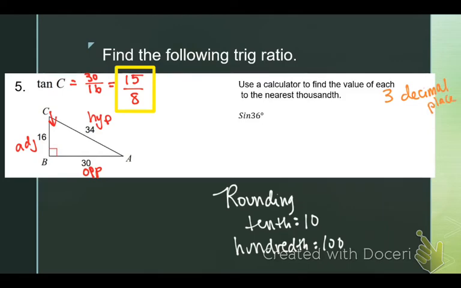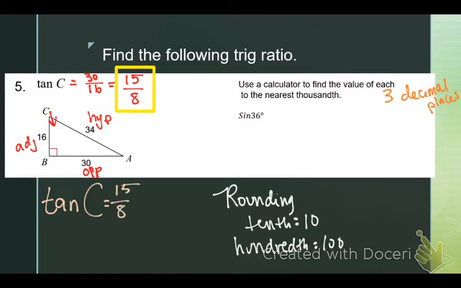So again, if you don't have a Casio, I can look at yours and make sure you're doing it right. Well, before we do, I'm going to explain this. So before, when we say tangent, focus on what we're doing right now. Don't touch your calculator. Tangent from angle C equals 15 over 8.